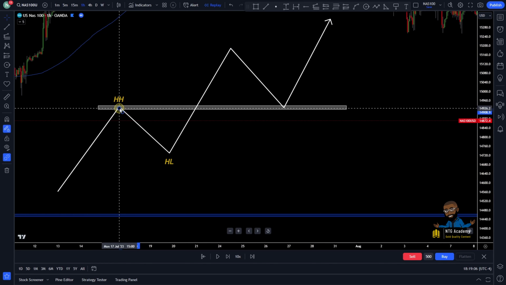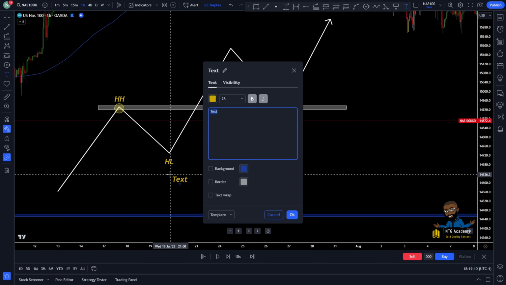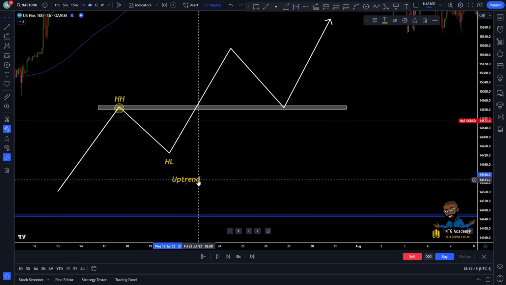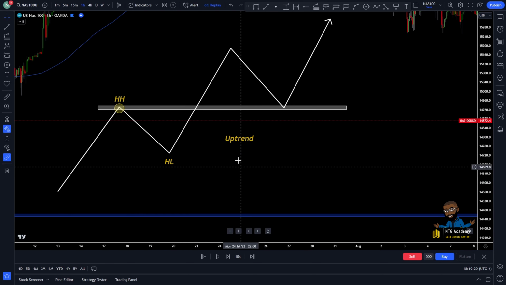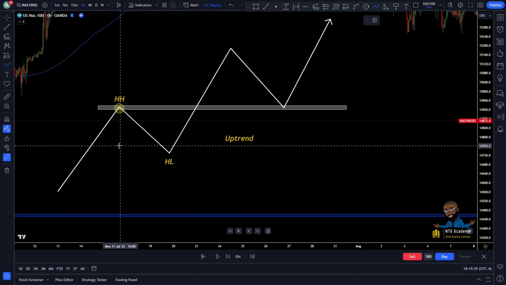Once we reach the peak of the market in that uptrend, we have a nice uptrend here. Once we reach the peak, we get what we call a retest or retracement.